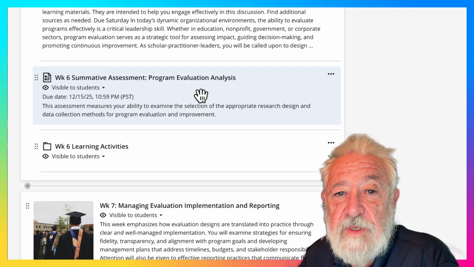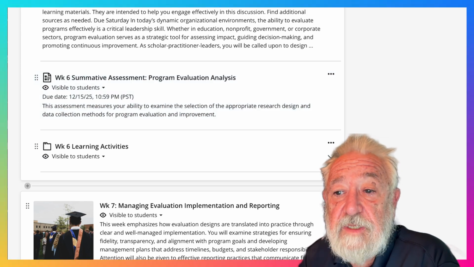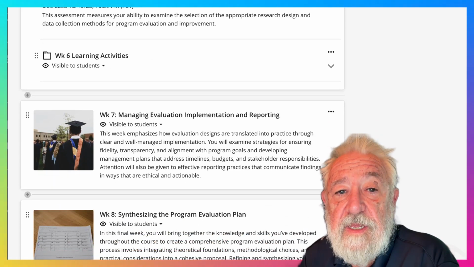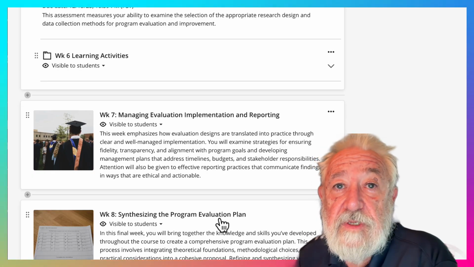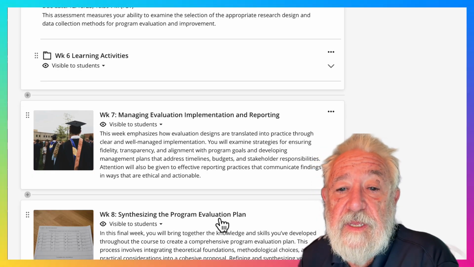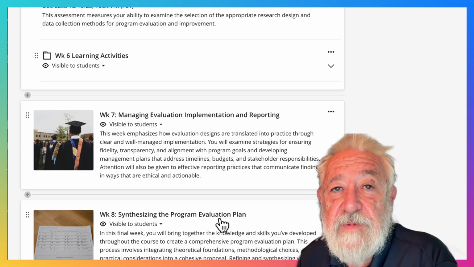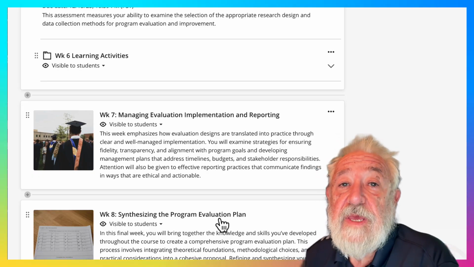The week 6 assignment is, like I said, a paper that you write, whereas week 8 is a PowerPoint that you develop that has the same type of information about an evaluation plan.